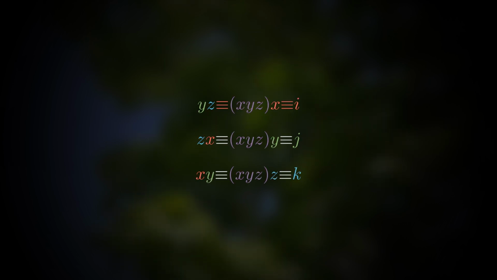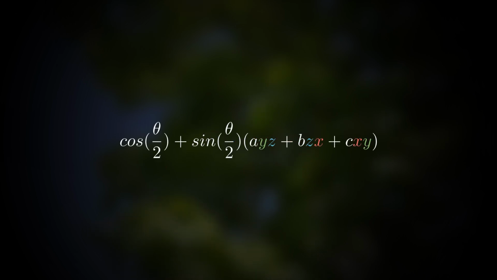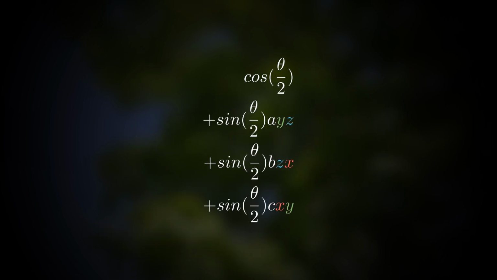It's just written in a slightly different way. xy, yz, and zx are i, j, k respectively. And for weird technical reasons, vectors are written as purely imaginary quaternions, with xyz corresponding to i, j, k. And for example, in a game engine like Unity, the 4 components will correspond to the scalar, xy, yz, and zx parts of our rotor respectively.